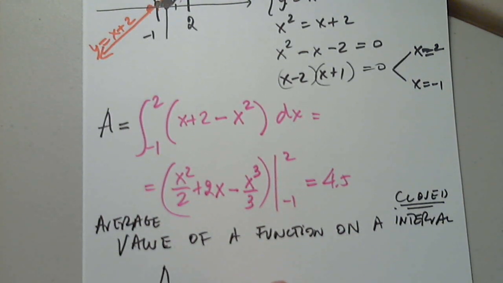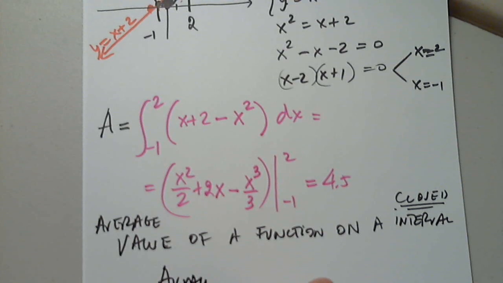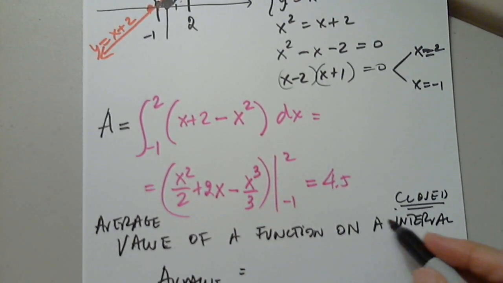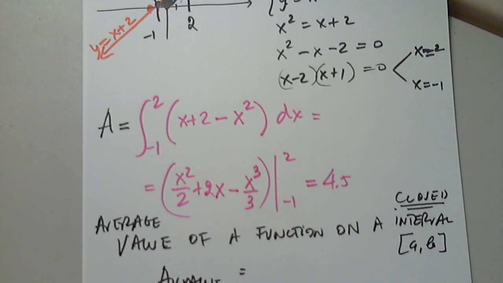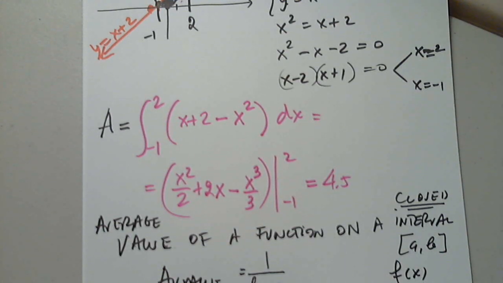So the average value for a function on a closed interval between a, b, and the function, let's say it's f of x, is 1 divided by b minus a, times the integral from a to b of f of x dx. So this is a formula.